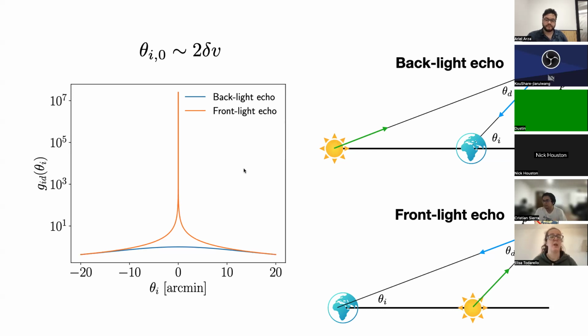Then you can get this. So for the backlight echo, you see the echo is spread in the sky over an angular distance of tens of arc minutes, which is more or less twice the velocity dispersion of the dark matter. And you can see it from here, the backlight echo.